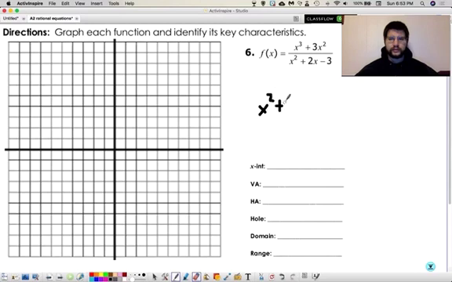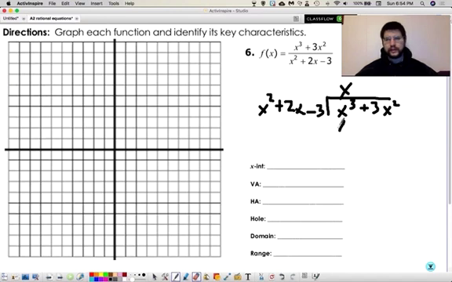X squared plus 2x minus 3 goes into, long division. You should be familiar with this. So I'm not going to bother with scratch work. That's going to be x. It's going to be x cubed plus 2x squared and minus 3x. I don't care about that.